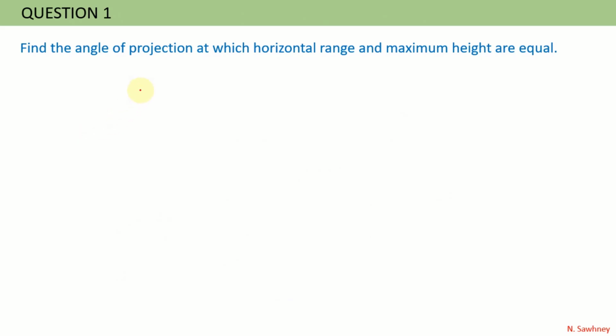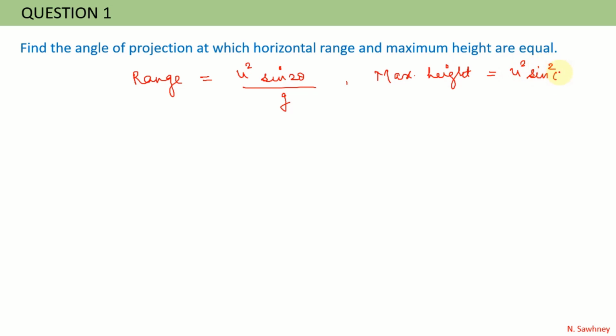As we have seen in our previous video, the horizontal range is given by u square sine 2 theta by g and the maximum height is given by the expression u square sine square theta by 2g, where theta is the angle of projection, u is the initial velocity with which the object is projected, and g is the acceleration due to gravity.